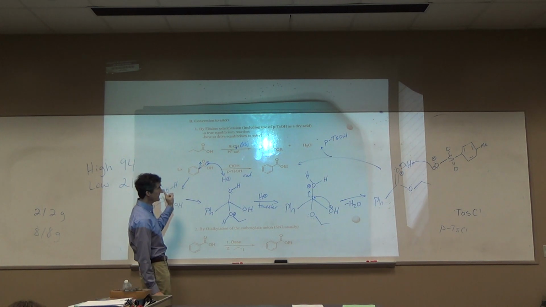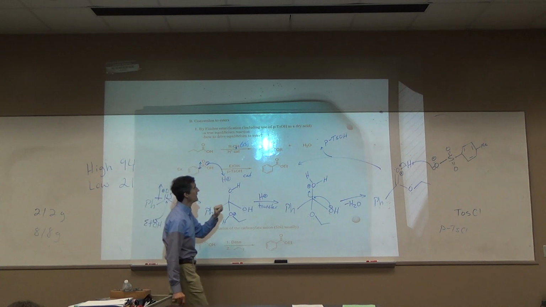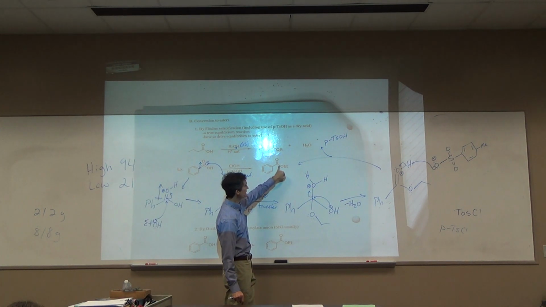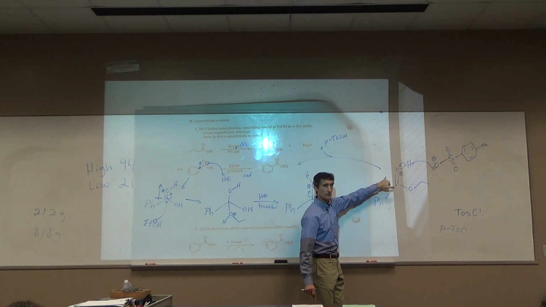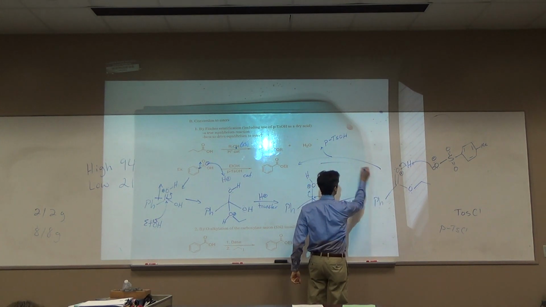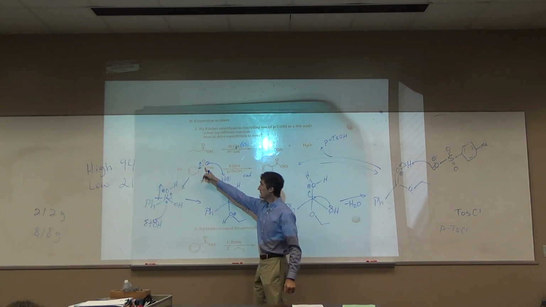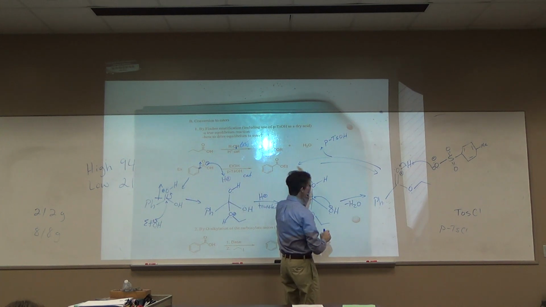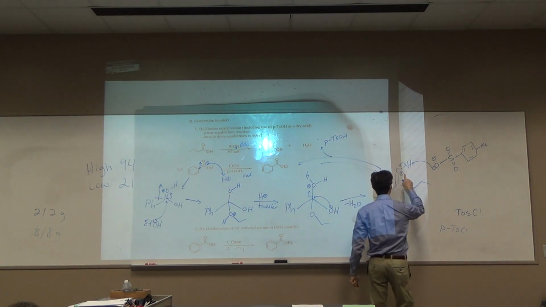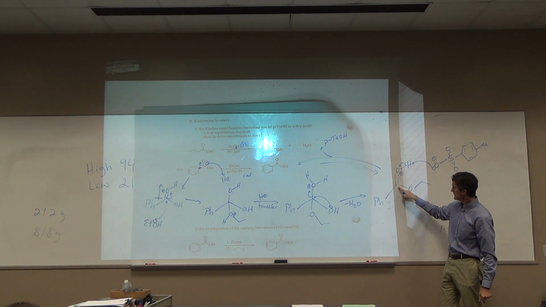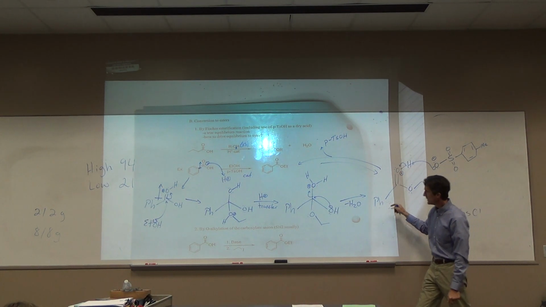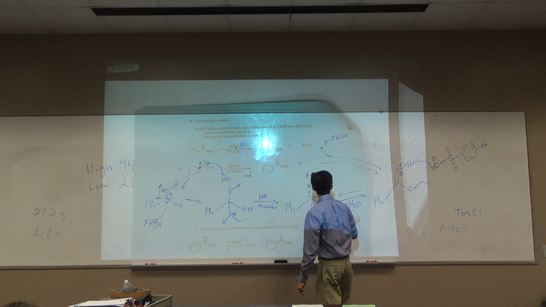It's an equilibrium because every step up here is completely reversible. That is, if we had an ester, could we protonate the carbonyl? Sure, why not? We protonated the carbonyl of the acid, why not protonate the carbonyl of the ester? Now we get back here, and could water add to the carbonyl? Yes, and that would give this.